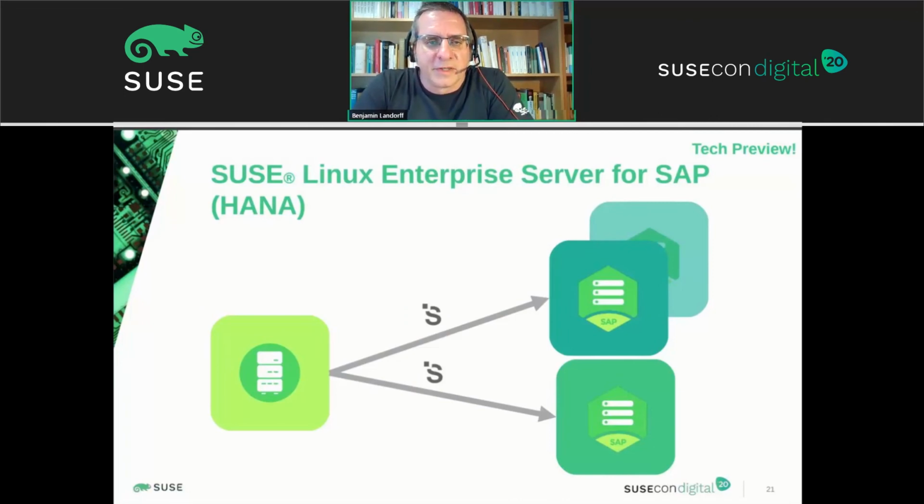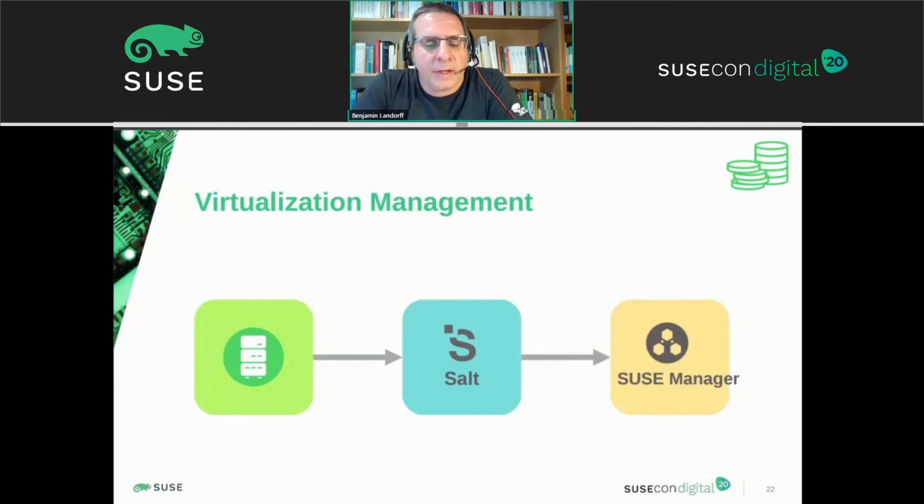Something you already mentioned, we now are able to manage SUSE Linux Enterprise Server for SAP using Salt, either single instances or clusters of those nodes together. We support virtualization management. That's mostly, for the most part, relevant to retail stores.